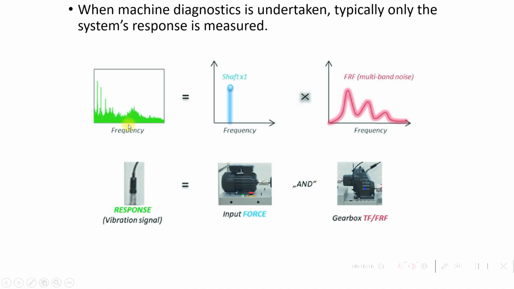Response is whatever data we collected from the accelerometer, the raw data, and force means the machine from which we are collecting the data. Let us take the force as a motor, multiplied by the gearbox, that is the frequency response function, the gear transmission system.